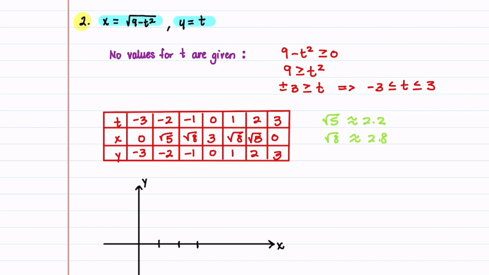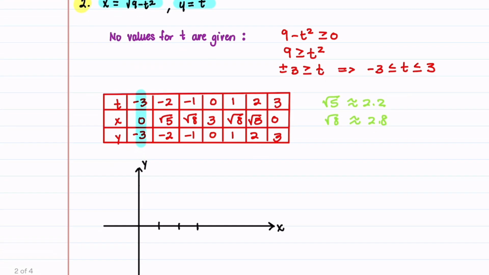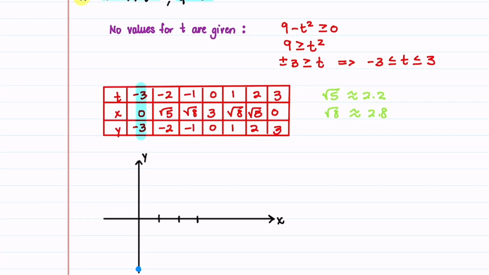We'll now put these values on our graph. When t is -3, x is equal to 0 and y is -3. When t is -2, we have x, which is about 2.2, and y is -2.